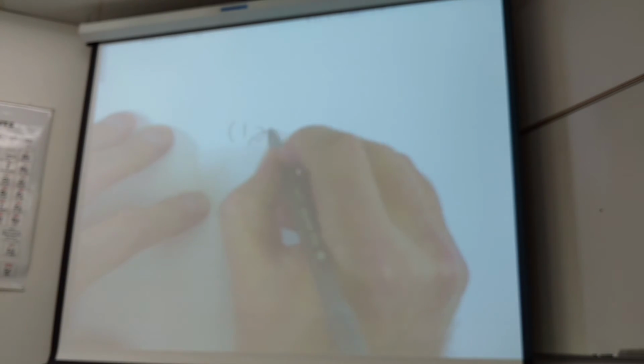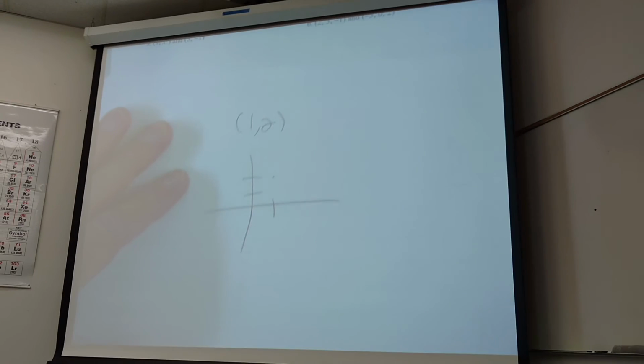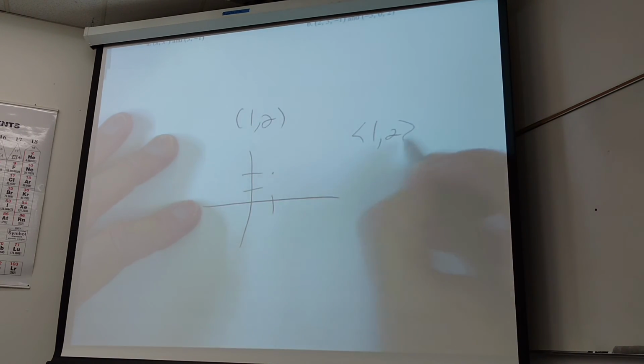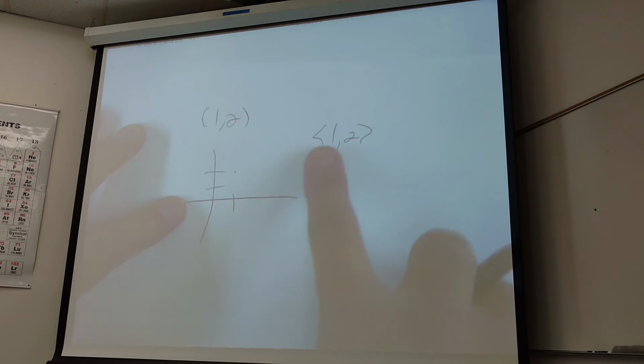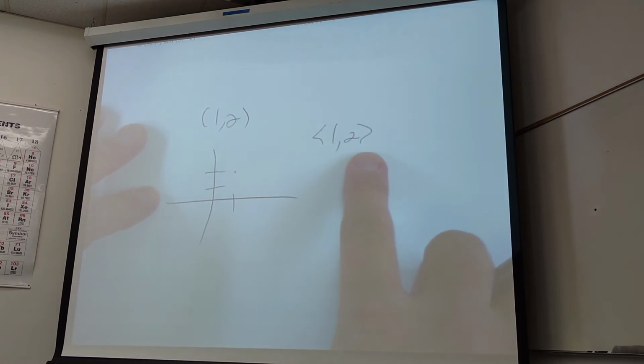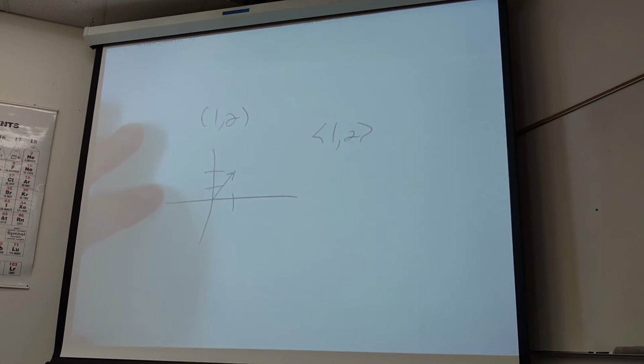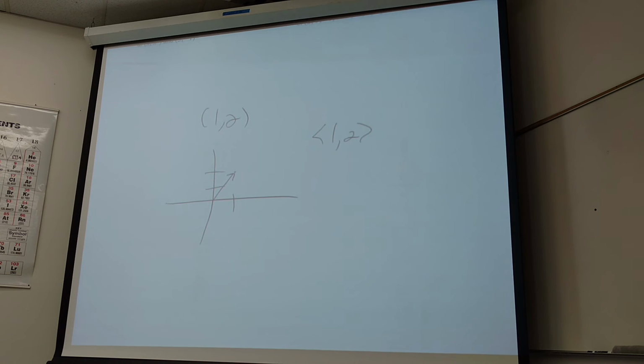So a vector, so I have the point 1, 2. There's the point 1, 2, right? The vector 1, 2, which we write like that, so to make it really clear, I've got pointy brackets on the outside, so it must be a vector. The vector 1, 2 would actually be this. It points to that point if you put the tail at the origin.